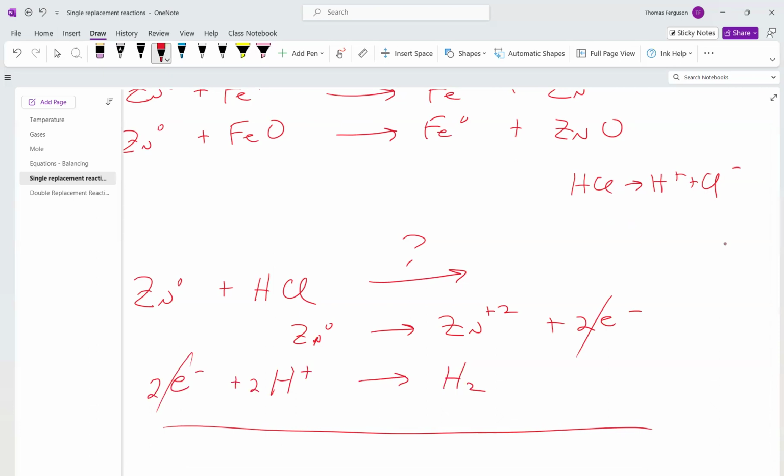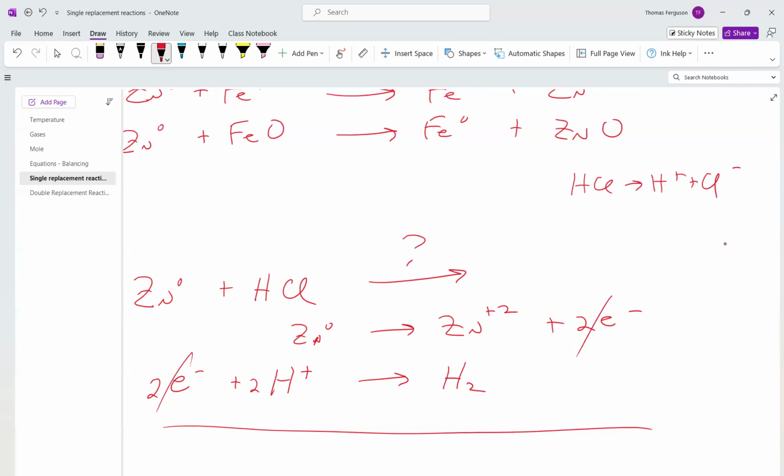Find the salt, which is H+, and zinc we've already identified. Zinc is up there. So does this reaction go? Now, on the test, I'm going to give you questions like this, and I'm going to ask you, does this reaction happen?